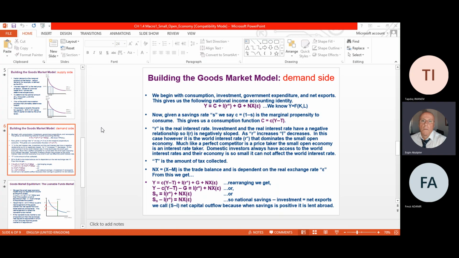Okay. Good. The market equilibrium is shown here, the loanable funds market. As you see, this is the saving, investment and net exports NX, and saving and investment are supposed to be not affected by these changes.